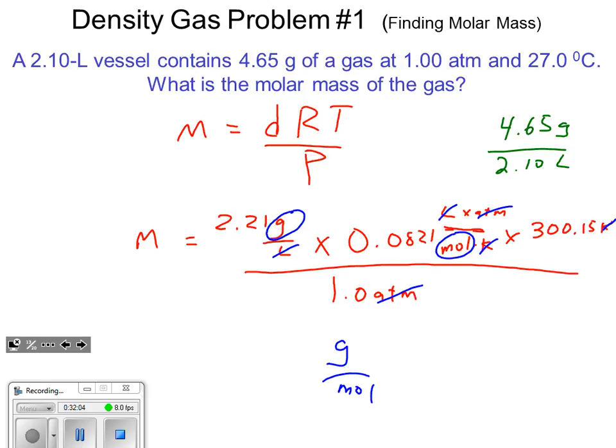How many significant figures? 1, 2, 3 significant figures. So my molar mass is going to be equal to 54.6 grams per mole. So this is just a little bit different of an equation than the ideal gas law, the PV equals nRT. This is the density one, which is PM equals dirt.